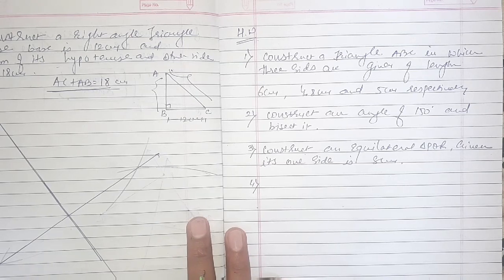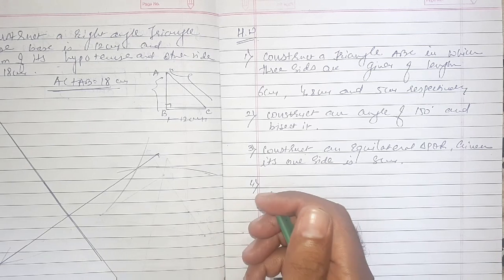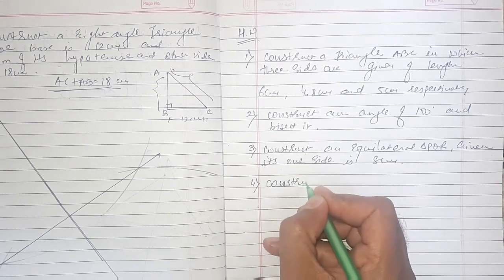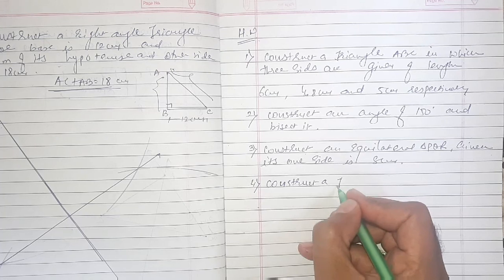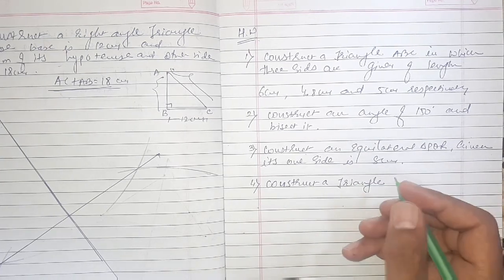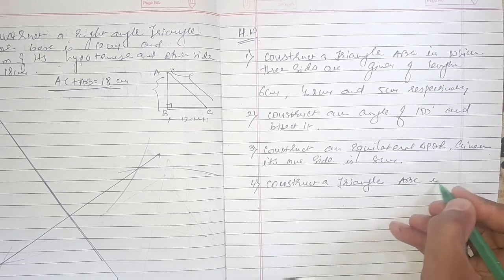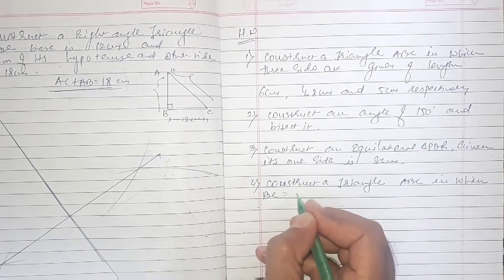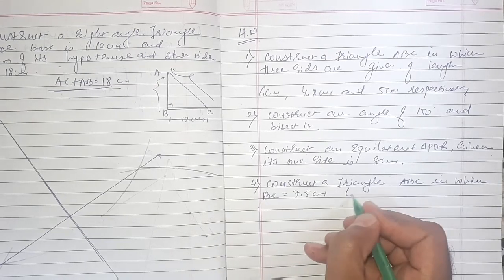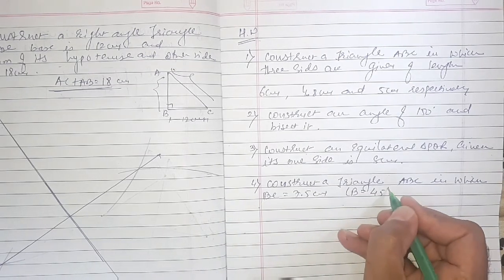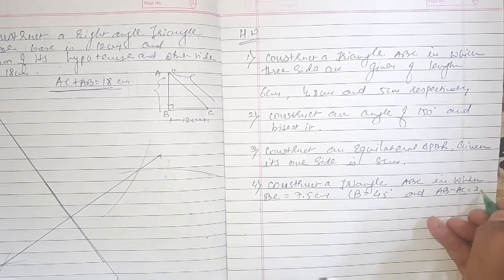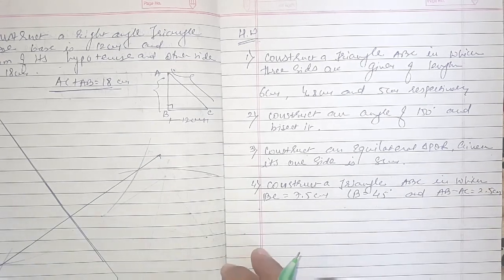Okay, so please remember that. Next question: construct a triangle ABC in which BC equal to 7.5 centimeter, angle B equal to 45 degree and AB minus AC is equal to 2.5 centimeter.